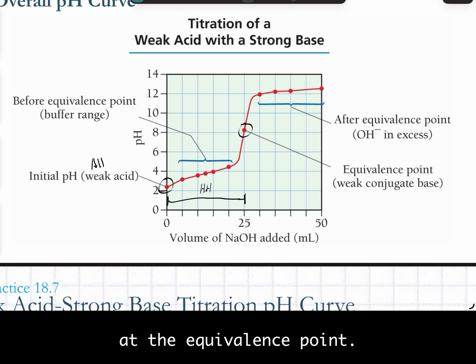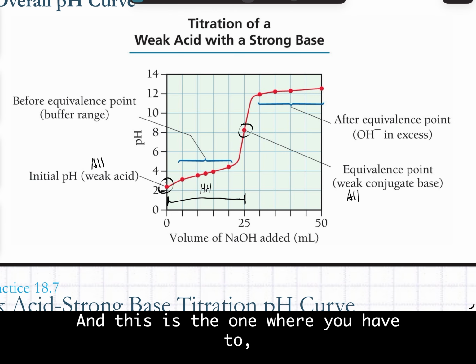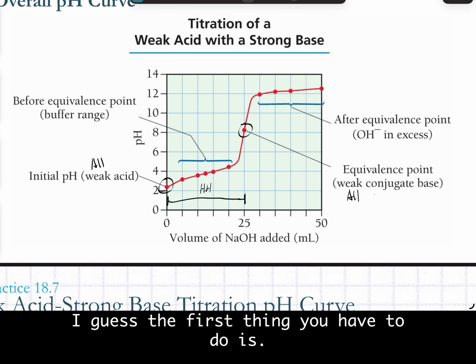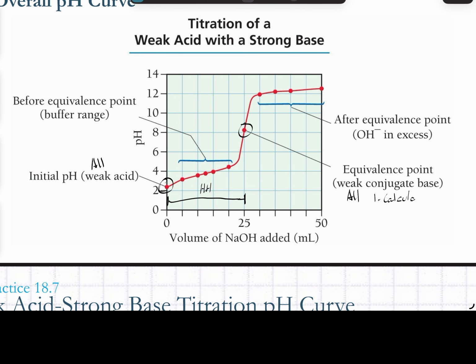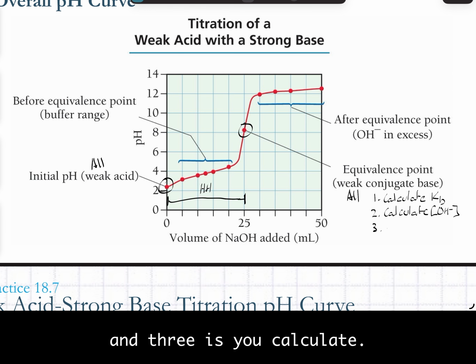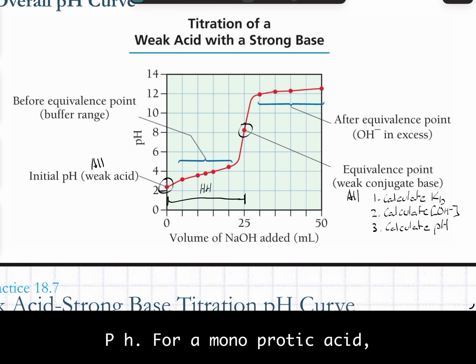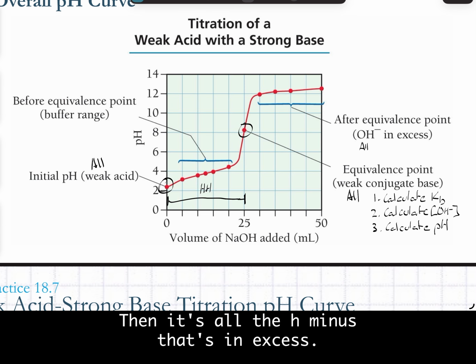At the equivalence point, it's all weak conjugate base. This is the one where the first thing you have to do is calculate Kb. Then two, you calculate OH minus. And three, you calculate pH. For a monoprotic acid, once you're past that, then it's all the OH minus that's in excess.